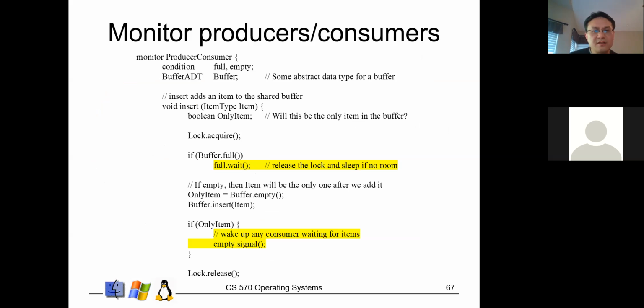All right, so let's look at this piece of program we just looked into. Here we have this producer logic.